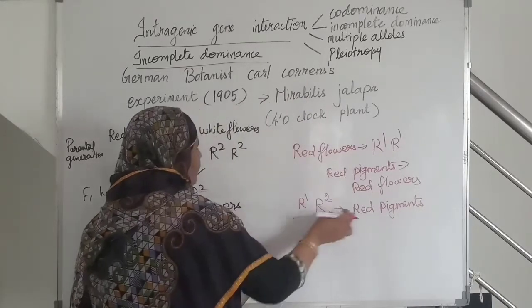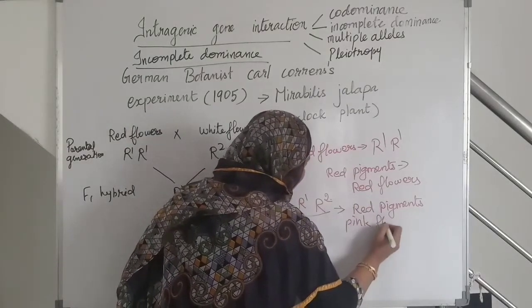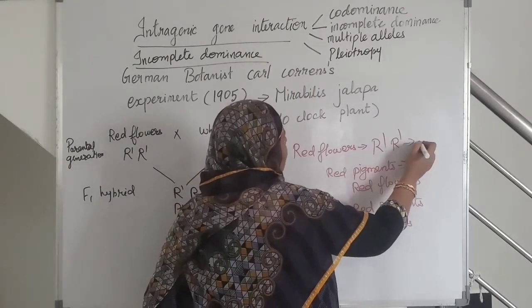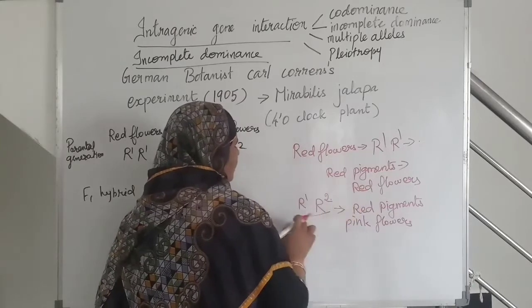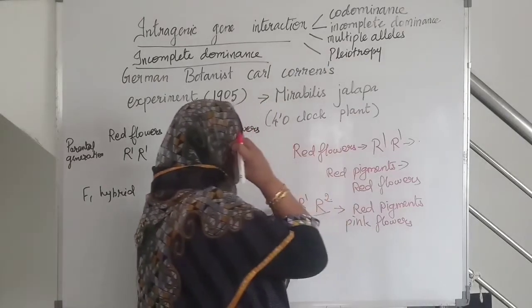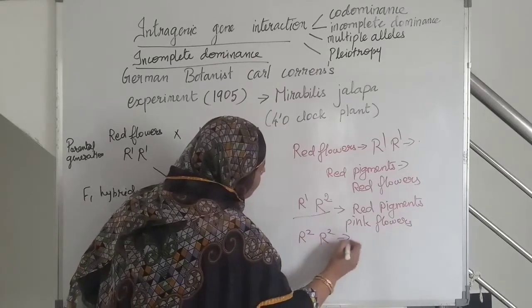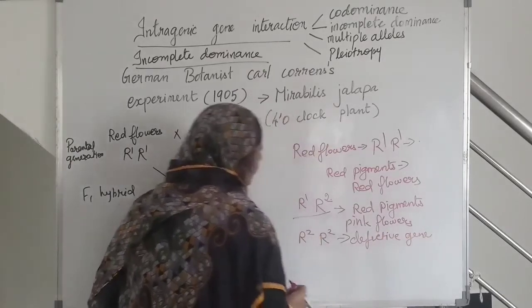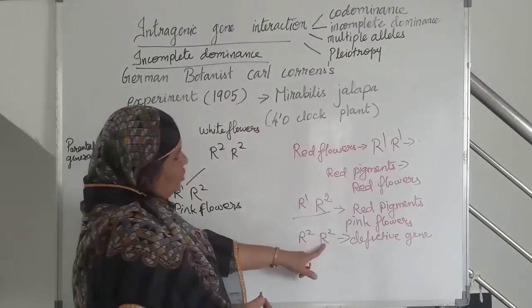That is why pink flowers are produced instead of red. The R1 gene is responsible for an enzyme that produces the red pigment. R2R2 is the defective gene, so it does not produce any red pigment, and the flowers are white.